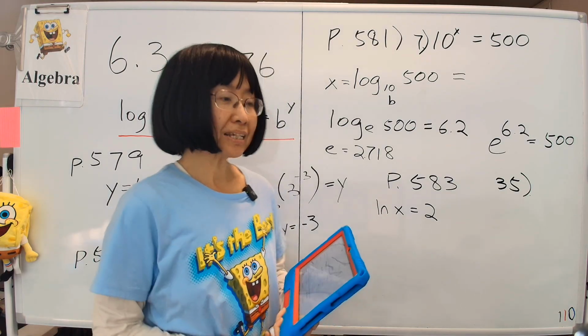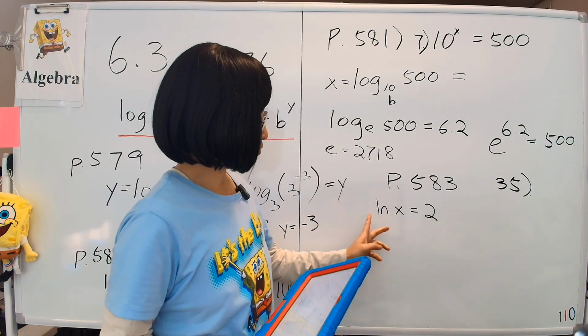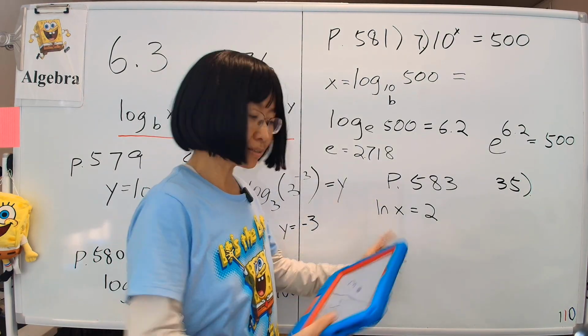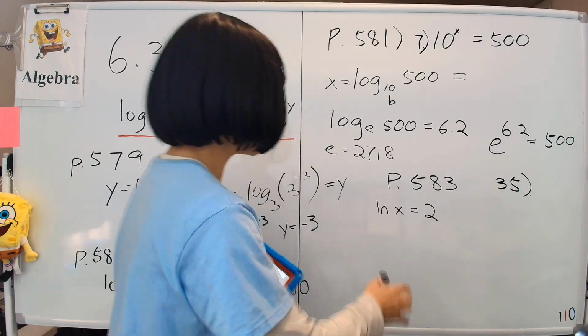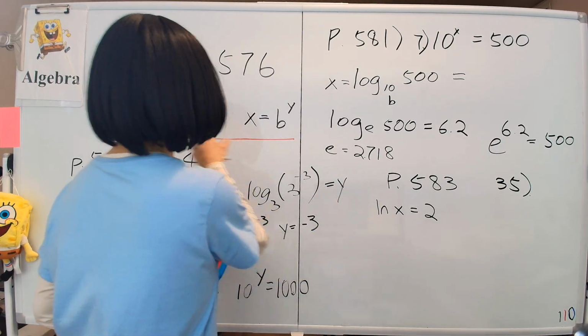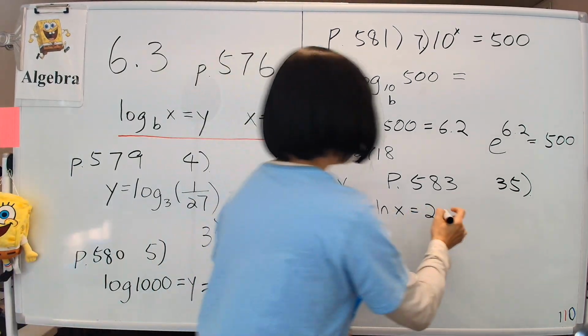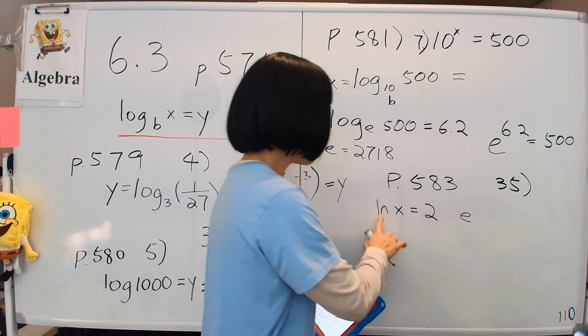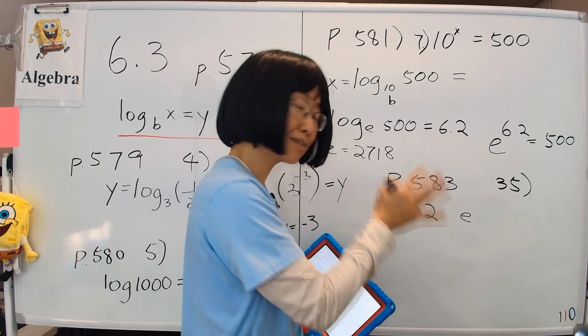All right, now let's talk about some homework problems on page 583. The first one I want to talk about is problem 35, natural log of x equal to 2. What that means is, remember, base raised to this power equals that. So the base is e. Anytime you see natural log, the base is e, which is 2.718, but we don't care about what it is right now.